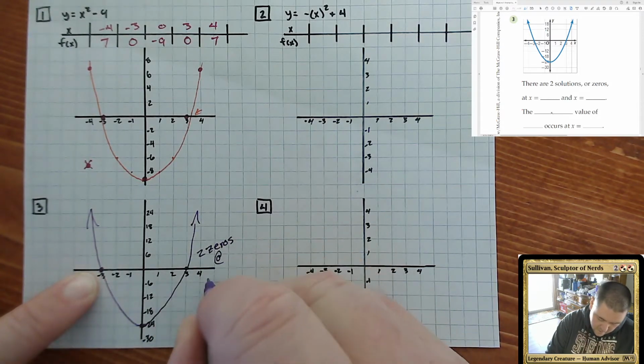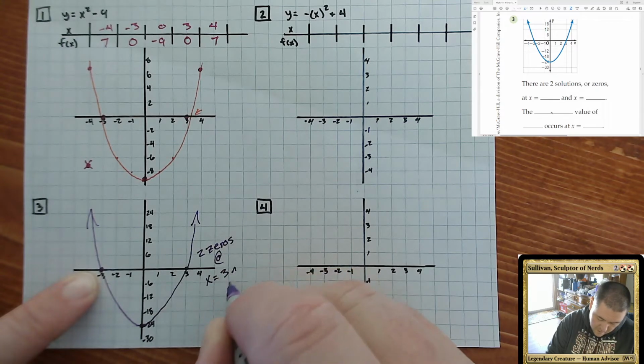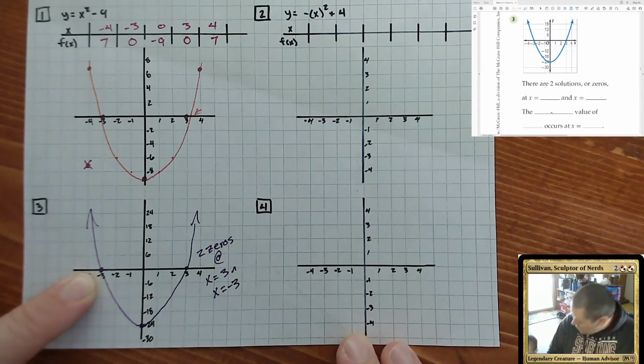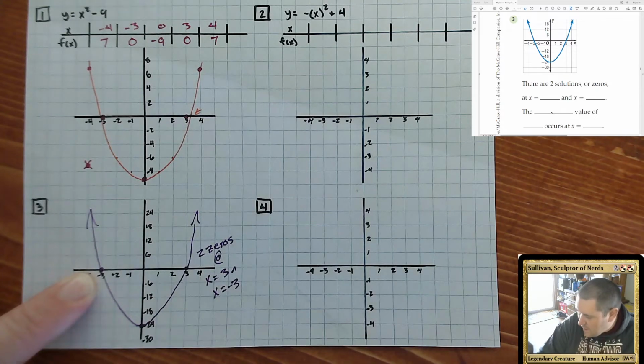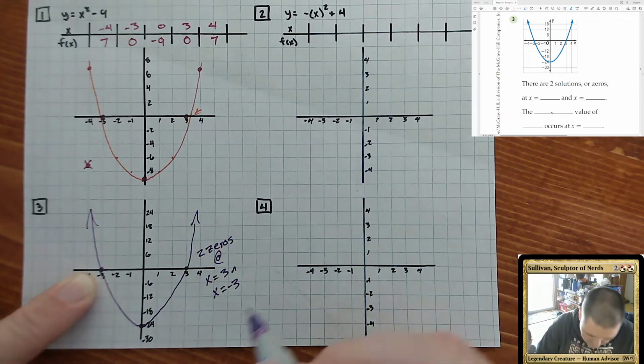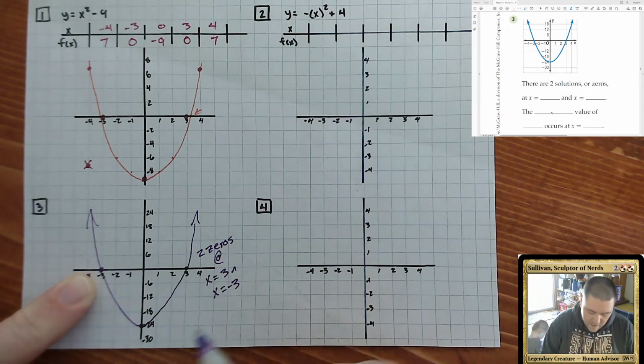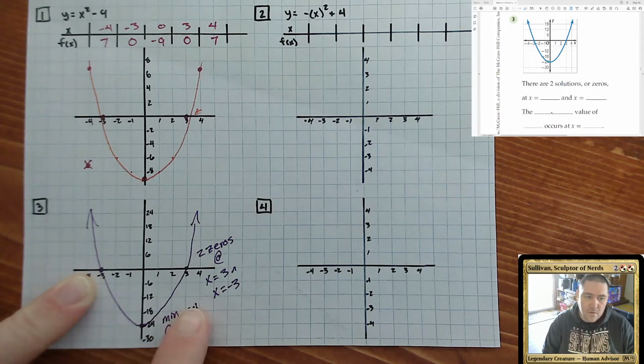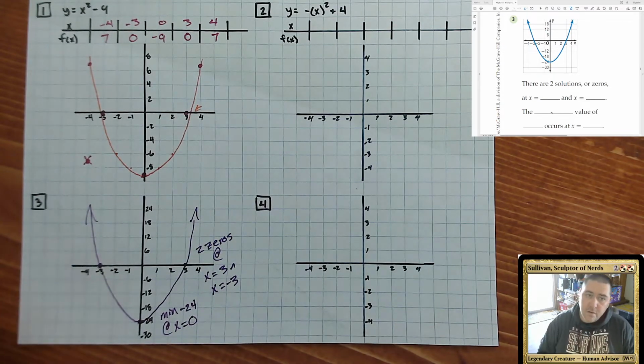They are at x equals 3 and x equals -3. And we're going to have a minimum of -24 at x is 0, because that's the lowest point, the lowest y, and the lowest y happens when x is 0. So you just write those in the blanks and you're good to go.